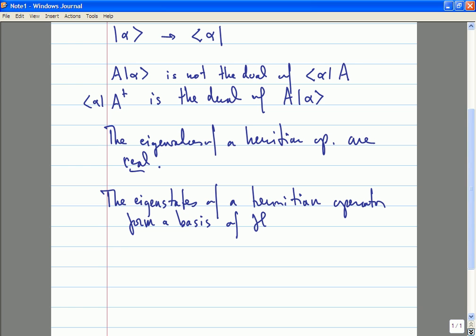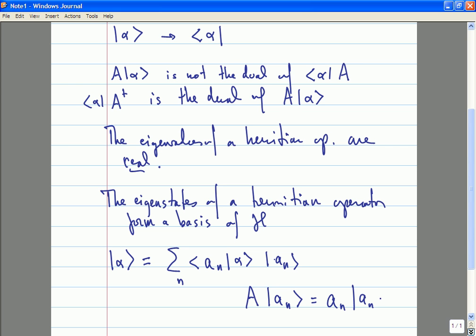That means that any state alpha in your Hilbert space can be expanded as a linear combination of the various eigenstates, which I've called a_n here, of some operator. So here we're summing over all of the eigenvectors of an operator A, so that A acting on one of these states, a_n, is just a number, usually denoted a_n, times the state a_n.